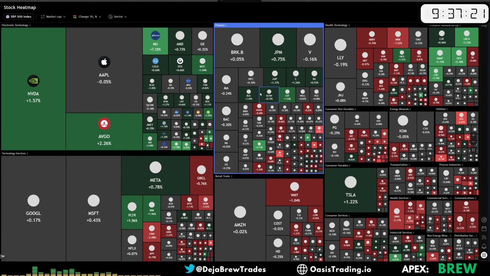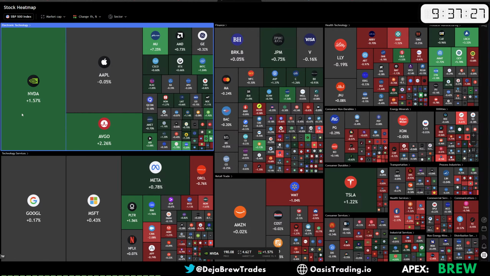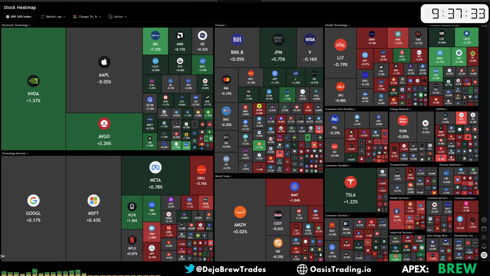How are the sectors doing today? Pretty big move on Nvidia. Micron, another 7%. That stock has been on fire. Actually insane.